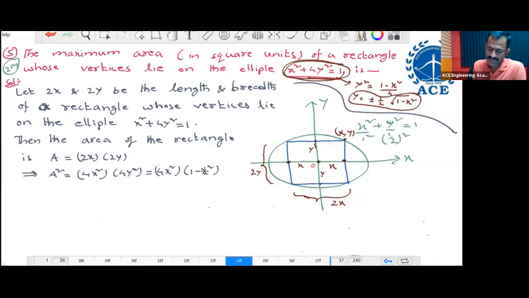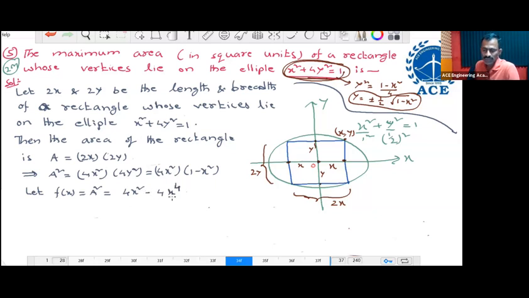So let us choose this function as our function. Let f of x equal to A square equal to 4x square minus 4 into x power 4. So it is a one variable function.